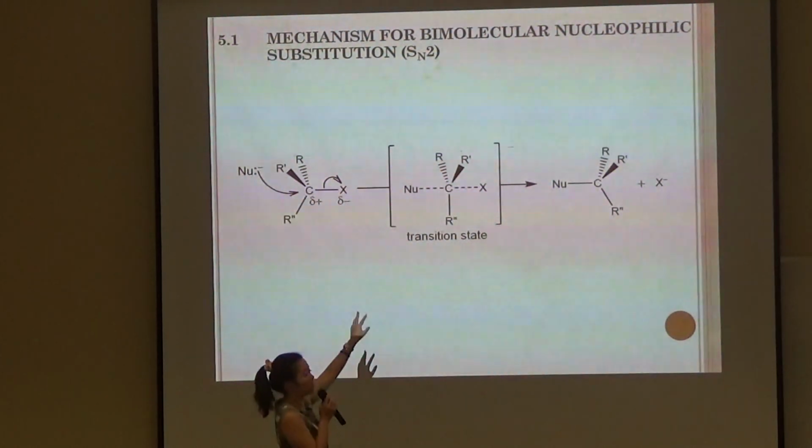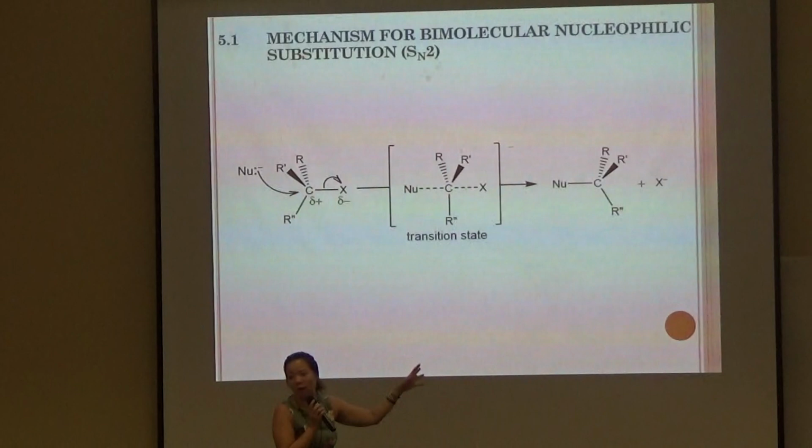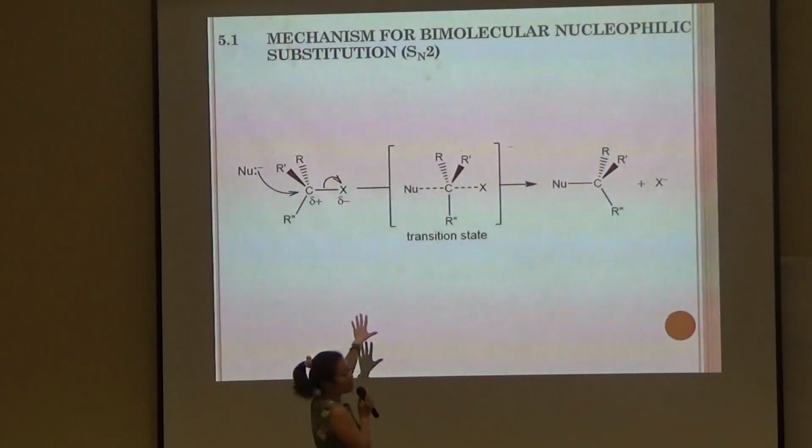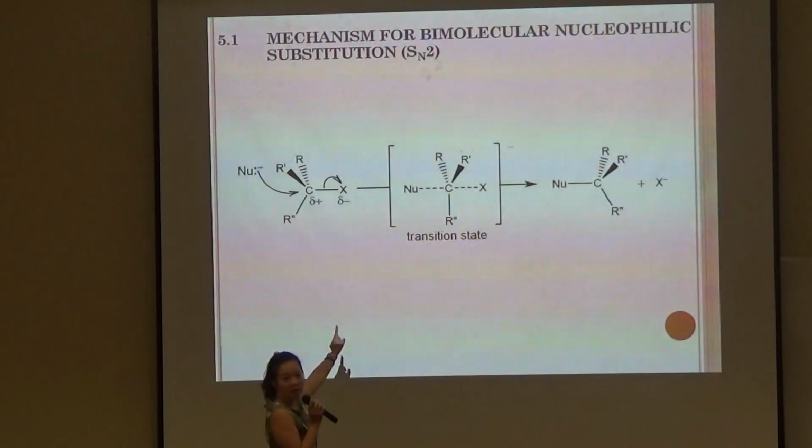If you look at the carbon here, it's linked to 5 things in the transition state, in a very short time, actually. Look at the representation that I'm having: I have an arrow going through the square bracket, because this is the transition state, and it happens within one step.